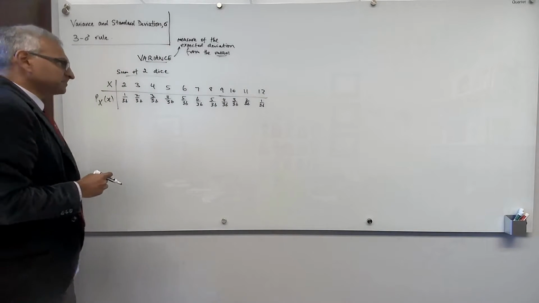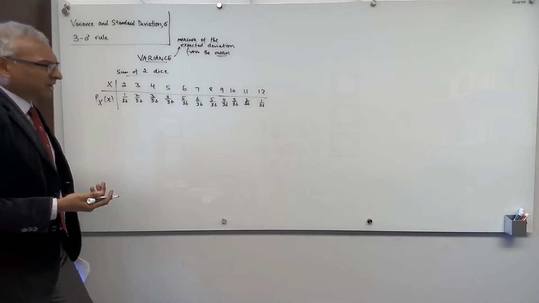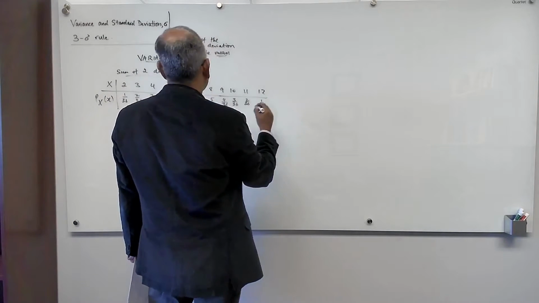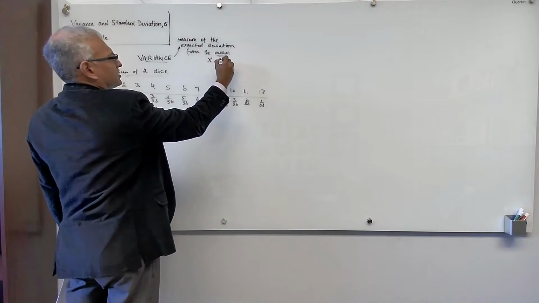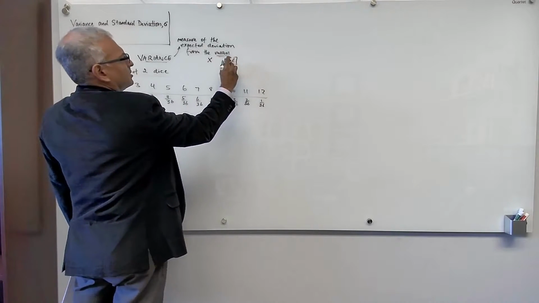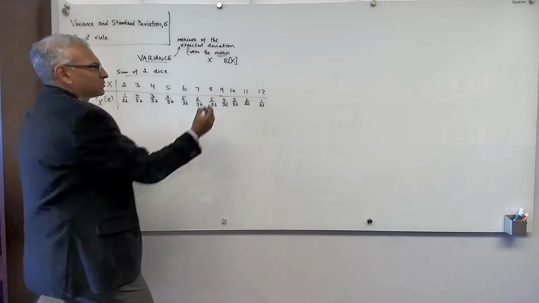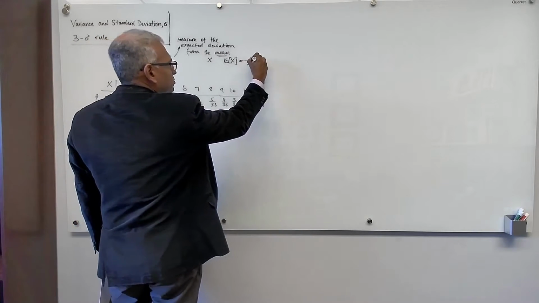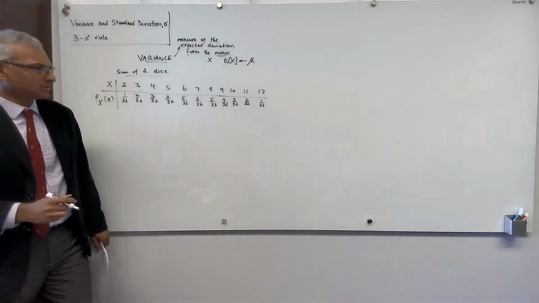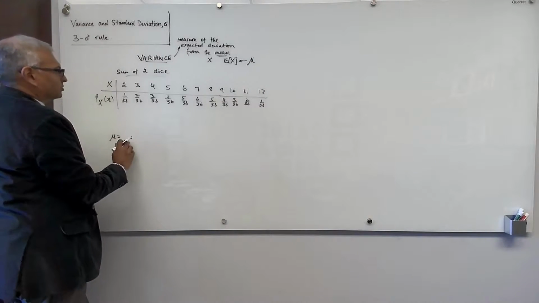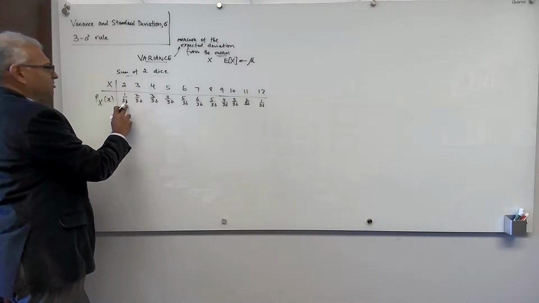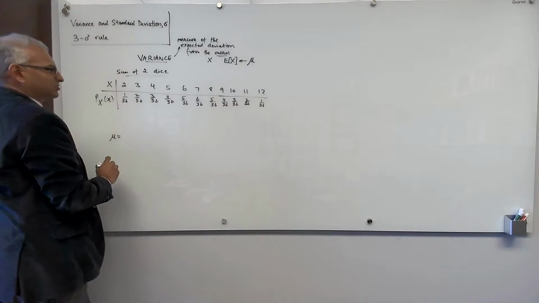Okay. And we computed the expected value. So you have a random variable x, its expected value is the expected value of x, and we often refer to this as mu, for mean. And so we computed the mean mu: you weight 2 times this probability plus 3 times this probability and so on.